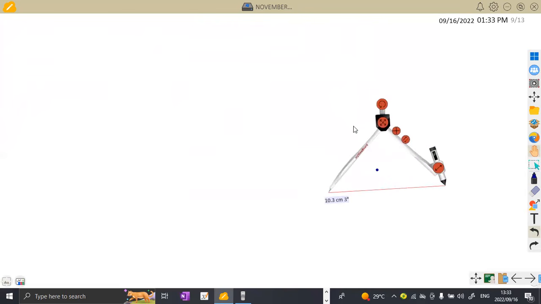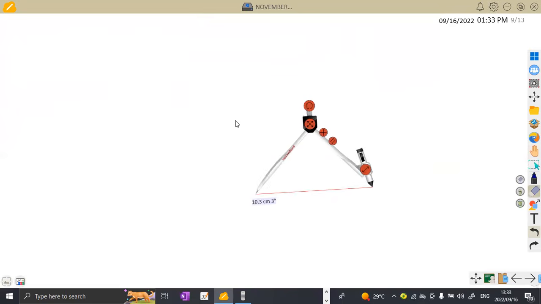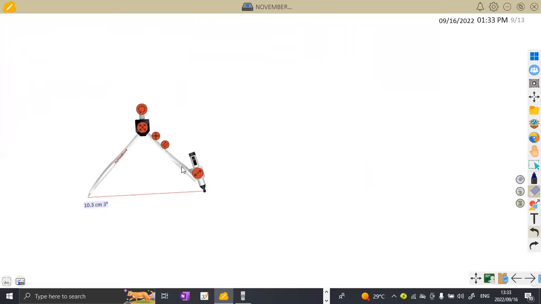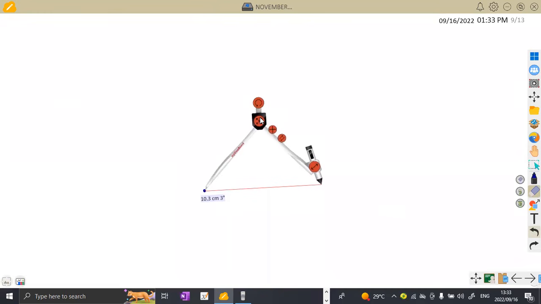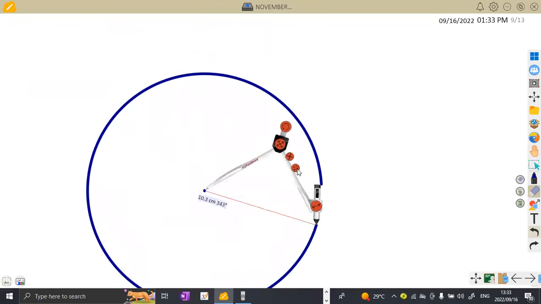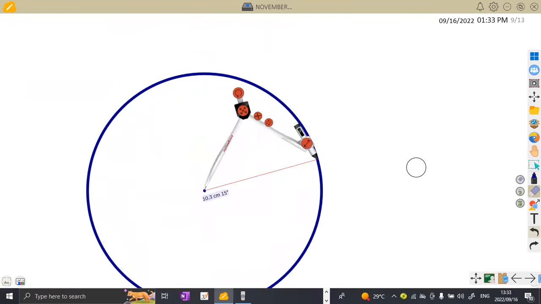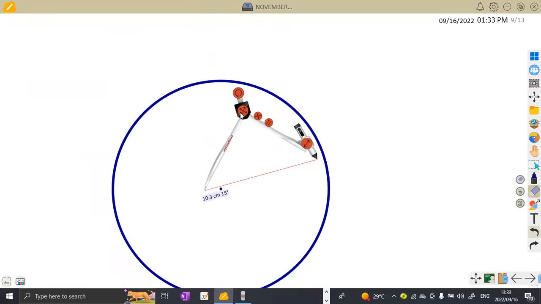I'm just going to mark the first point here to say this is where I want my point to start. Okay, so using this point, you're going to just draw a circle of your choice. And from this circle that you have, this is no longer needed.